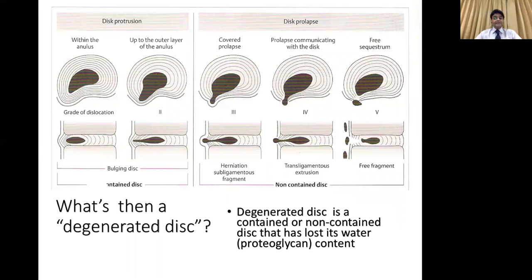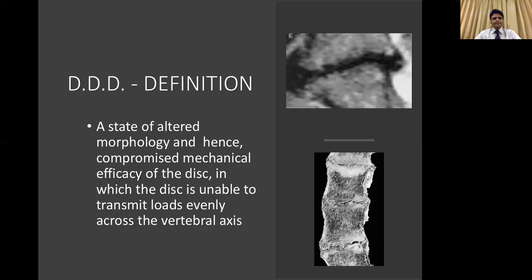What's then a degenerated disc? A degenerated disc is a contained or a non-contained disc that has lost its water content or proteoglycan, which is within the nucleus pulposus. It's a state of altered morphology, hence compromised mechanical efficacy of the disc, in which the disc is unable to transmit loads across the vertebral axis, which means it does not function as well as it ought to as a shock absorber.